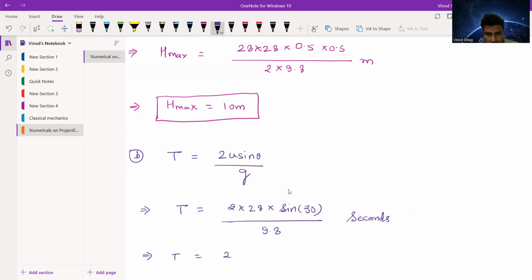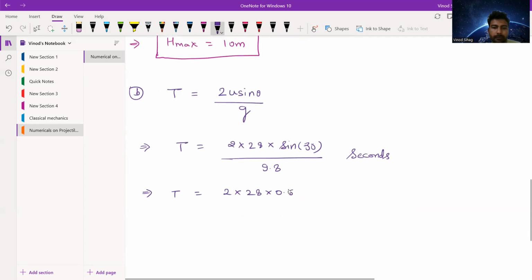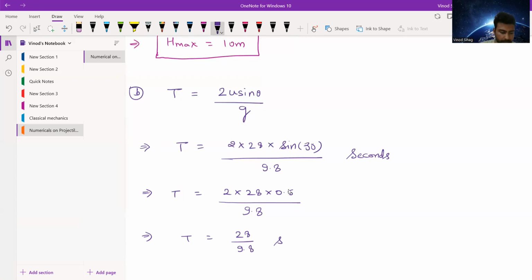Now let's calculate 2 into 28 into 0.5 divided by 9.8. Now what we can do here, 0.5 and 2 will be 1. So basically it will become T equals 28 over 9.8 seconds.